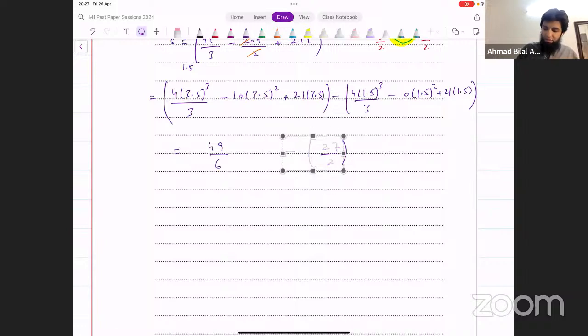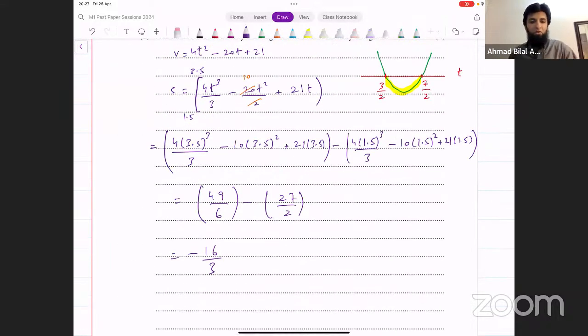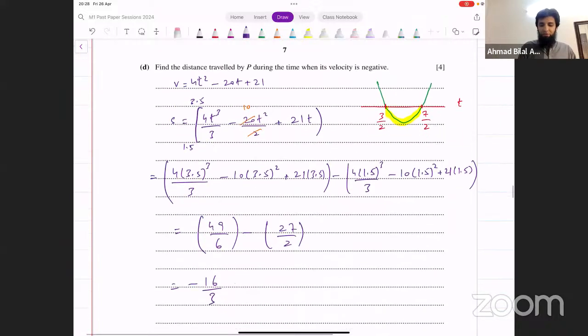49/6 minus 27/2. Let's find this difference. That's minus 16/3. This is the displacement from 3/2 to 7/2. It's negative. Why? Because the particle was moving in the negative direction, and that's okay. We were looking for distance traveled.